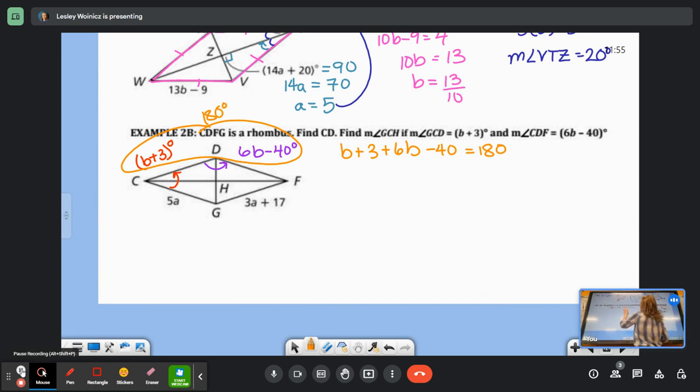Okay, so that gives me 7b minus 37 is 180. So add 37 to 180. What was 180 plus 37? 217.